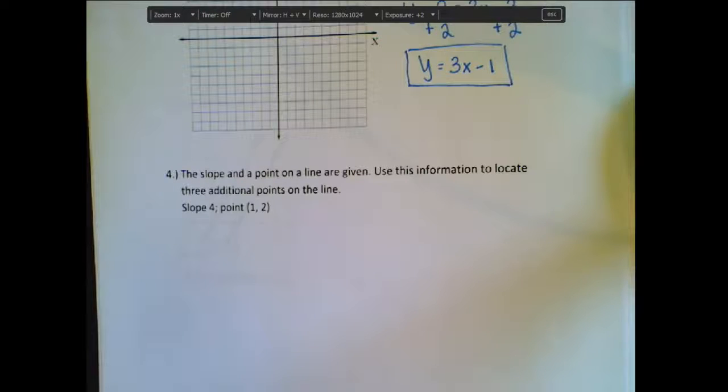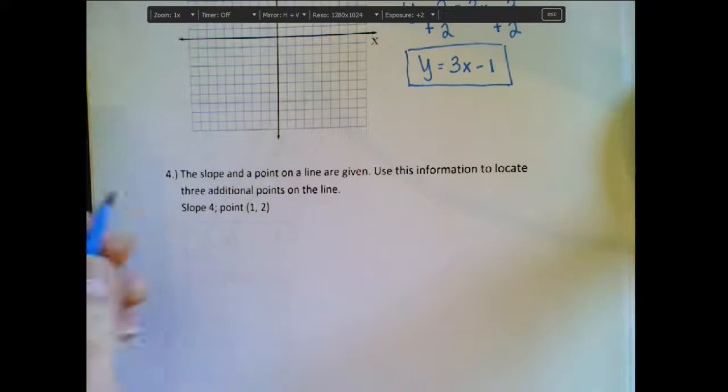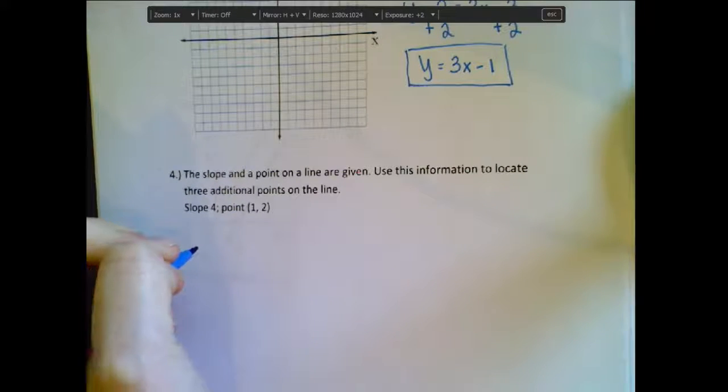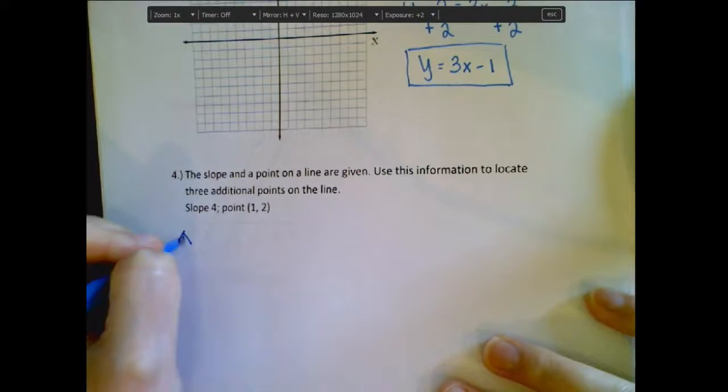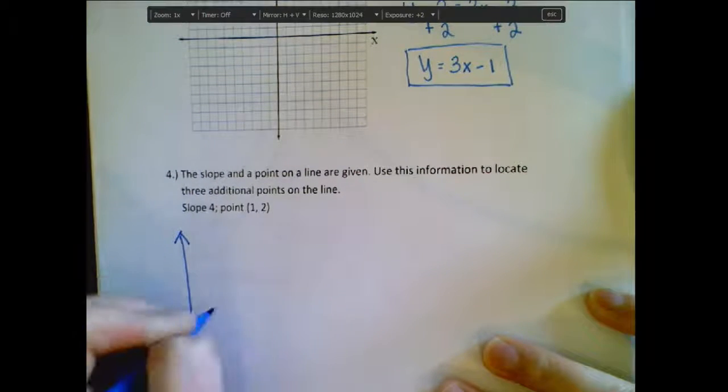The slope and a point on a line are given. Use the information to locate 3 additional points. Okay. This one might be easier if you were to graph it, or I'm going to do 2 different ways. Option 1, you might want to graph.